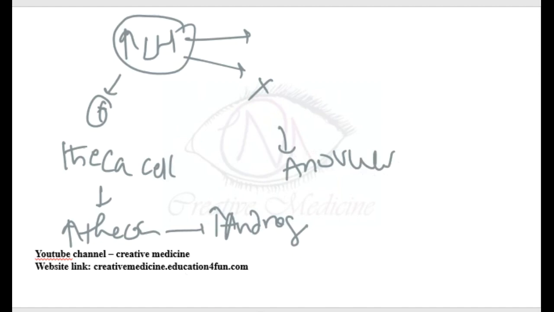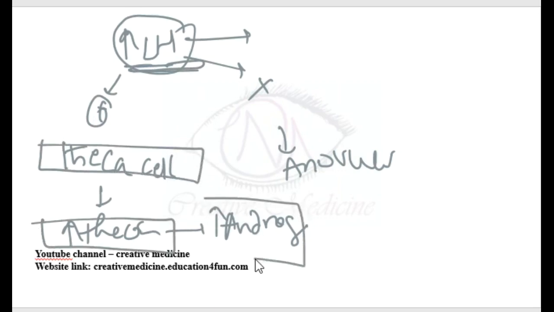So, this luteinizing hormone acts on the theca cells of the ovary, resulting in hyperthecosis, and there is increased androgen. The luteinizing hormone surge is not there here.